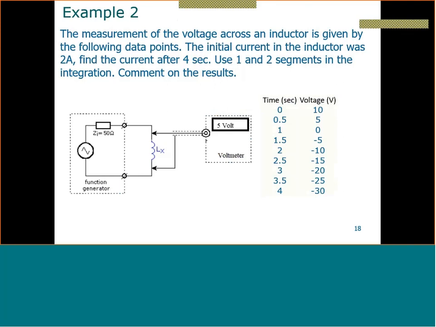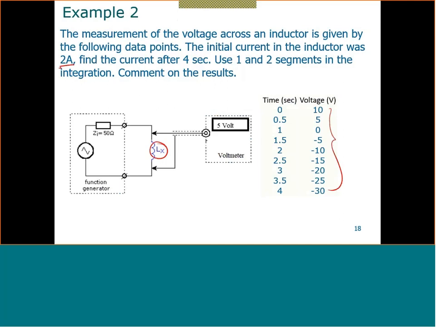Here I have a voltmeter that measures the voltage across an inductor. These are the timestamps, which are the independent variable, and here is the voltage, which goes 10, 5, 0. So these are the values of the voltage. Now the initial current is 2 amps.